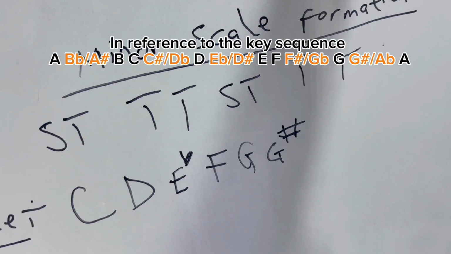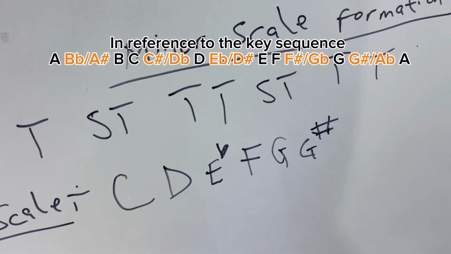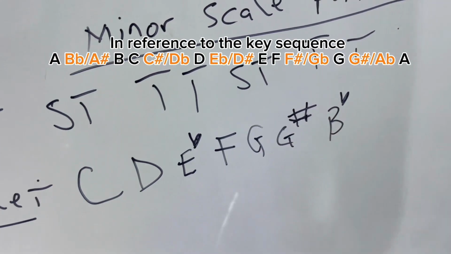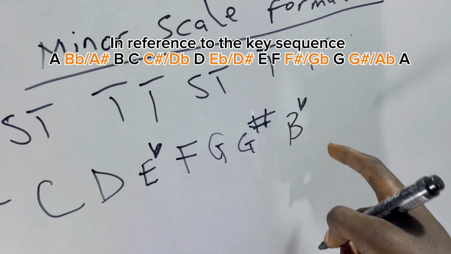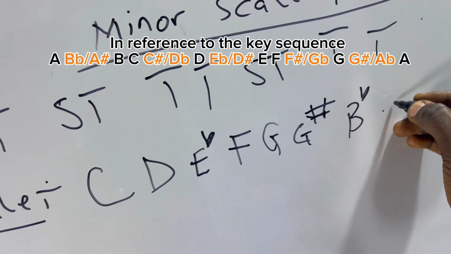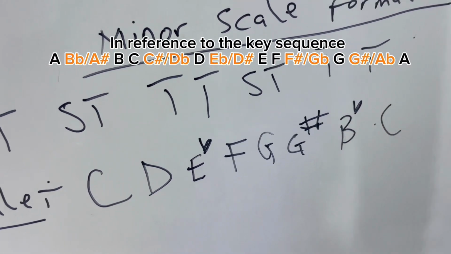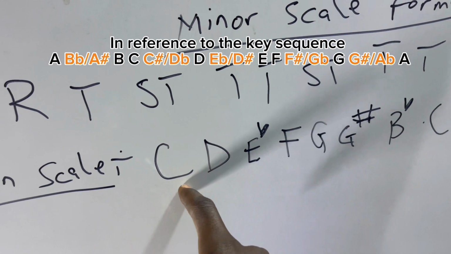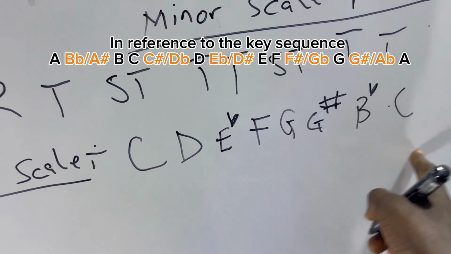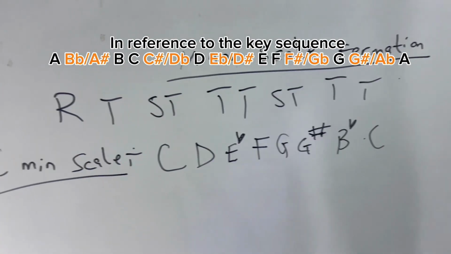So from G sharp, our tone is what? B flat. See? Now from B flat, another tone is what? And you come back to what? C. So you've gotten 8 notes: 1, 2, 3, 4, 5, 6, 7, 8, making the minor scale.